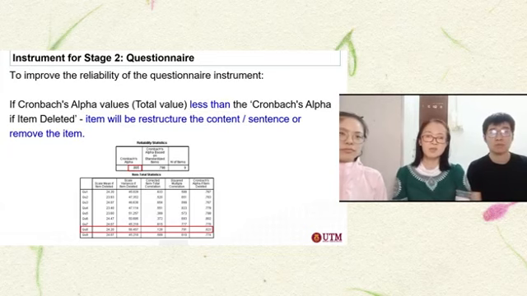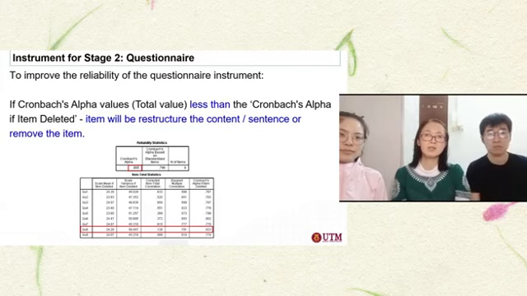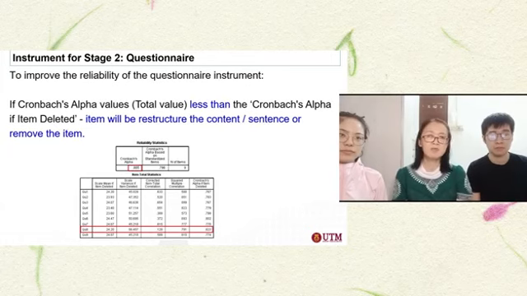For example, if the Cronbach's alpha value equals or exceeds 0.8, it means that the instrument's items are acceptable and reliable. But if the Cronbach's alpha value is less than 0.8, then it means that the items need to be modified, repaired, or removed, as the items are invalid and have low reliability.